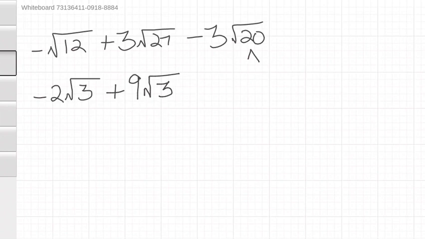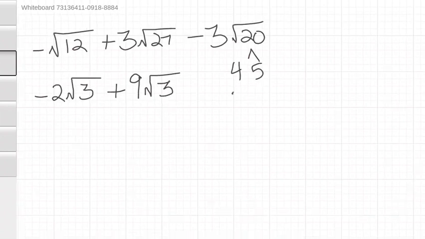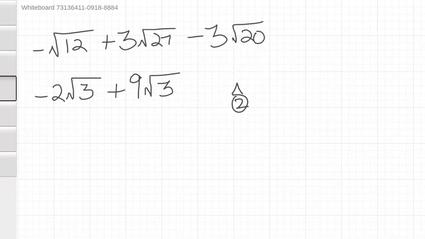So we can break it down into 4 and 5, and then 2 and 2. Circle our primes. We'll see that there's a pair of 2's, and we'll bring that to the outside. So now we'll have negative 6 square root of 5.